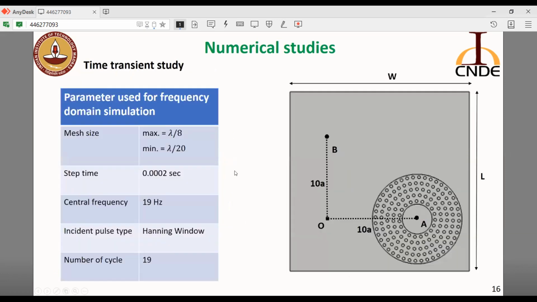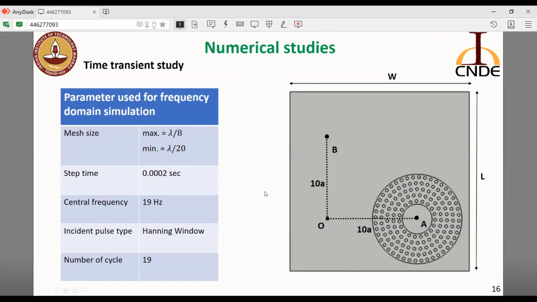So to further investigate our study, we have performed time transient analysis. This is our model where I have taken a circular concrete bed, and I have embedded my resonator inside the concrete, and the filler material I have used is autoclaved concrete.